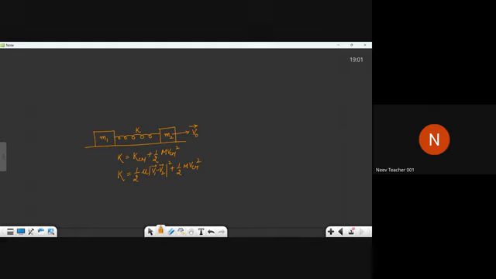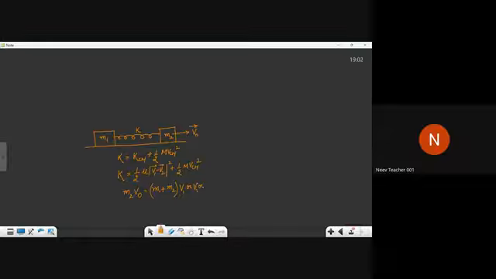And if V1 is equal to V2, we go ahead with conservation of linear momentum. What do we write? Initial momentum is M2 V0. And the final we can write as M1 plus M2 into either V1 or V2, right?